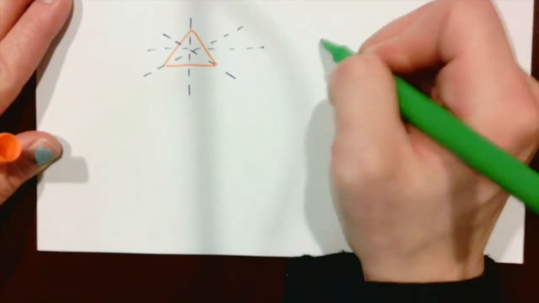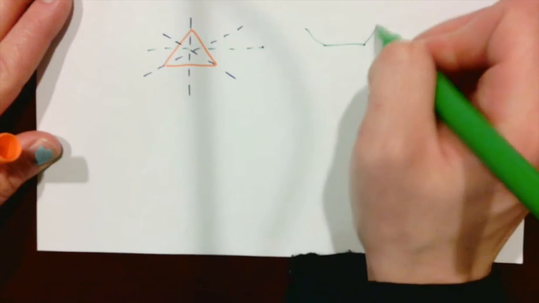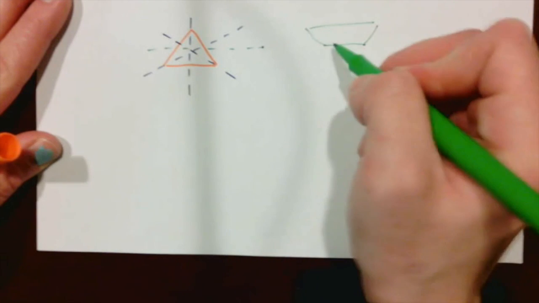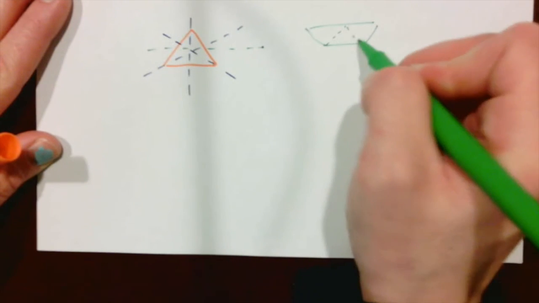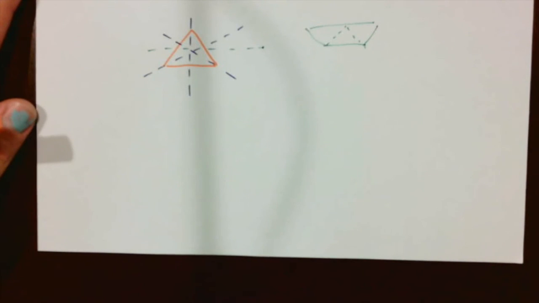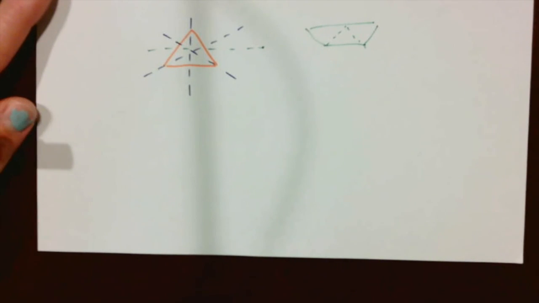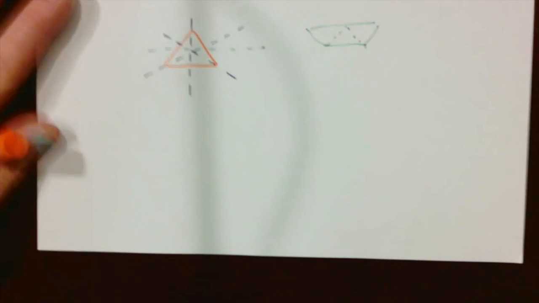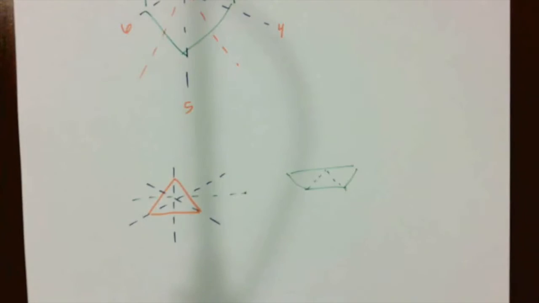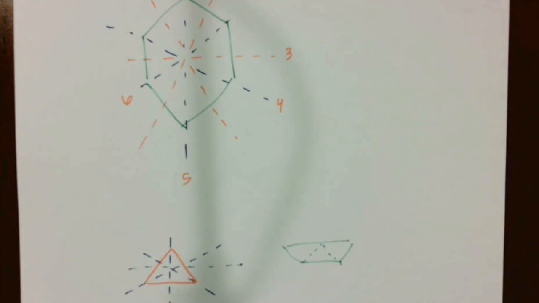So it would end up looking like this, with the tip of our triangle hidden underneath. That doesn't really work out. So remember, an axis of symmetry splits something into two equal halves. And we can rotate around and reflect around an axis of symmetry.